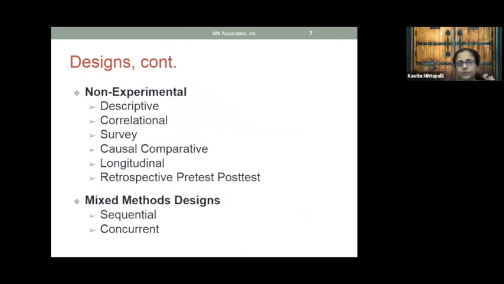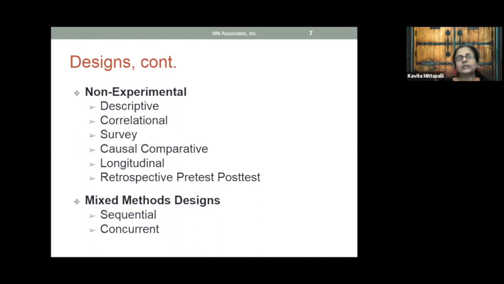Again, on the non-experimental designs, especially in the assignments and courses that we have taken and done so far, you will see these are the most common designs used: descriptive, correlational, survey design, causal comparative, and longitudinal.